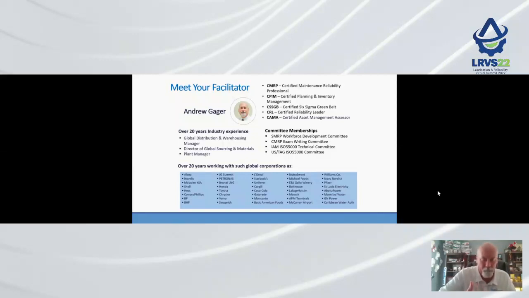On the bottom there, you see a list of several of the organizations that I've worked with over the years. If you scan through that list, there's automotive, there's steel and aluminum, there's food and beverage, there's power generation. There's all different types of industries that I've worked with over these last, sometimes too many years.